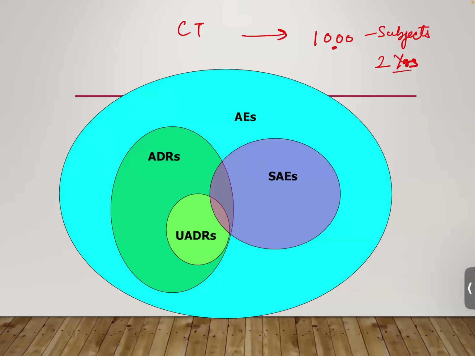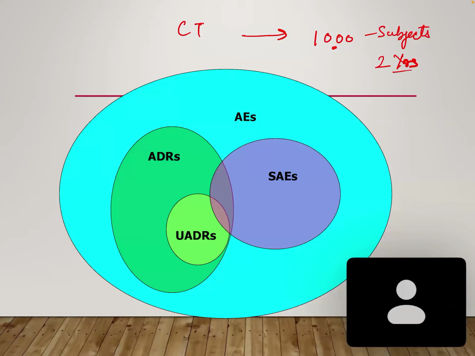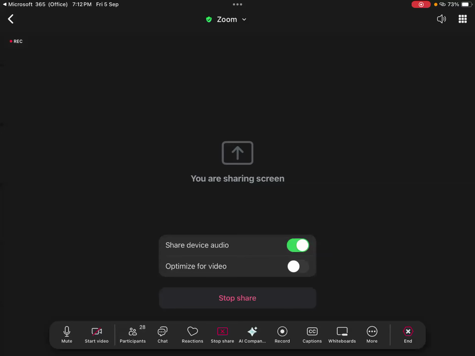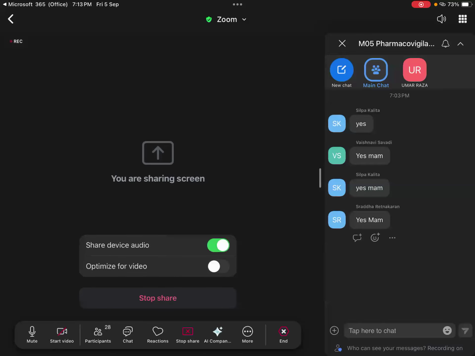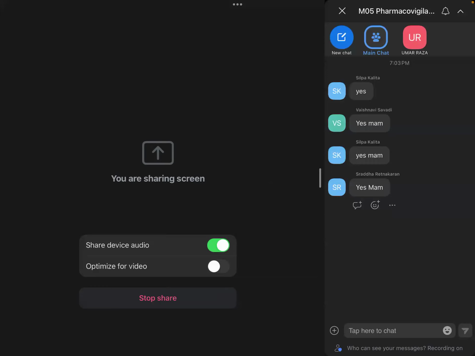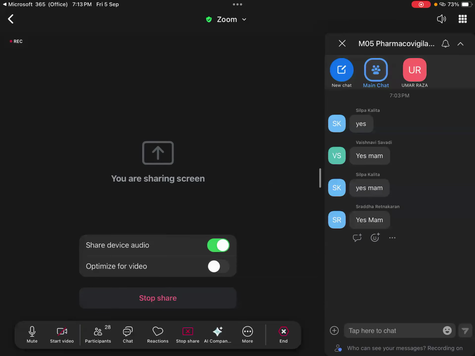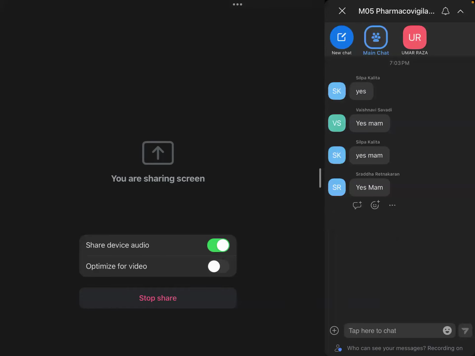Normally, how many times do you fall sick in general? At least within 1 year, how many times do we generally fall sick? Maybe a headache, fever, cold, cough. How many times do incidents happen? 2, 3 times at least. Seasonal flu happens, right?